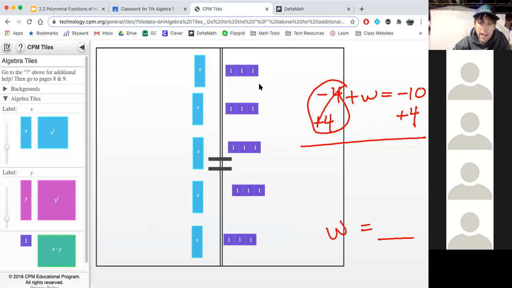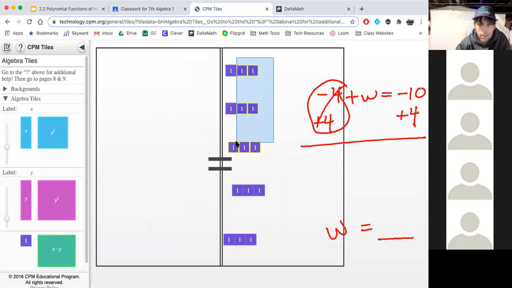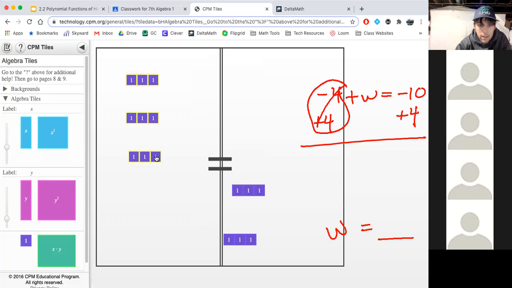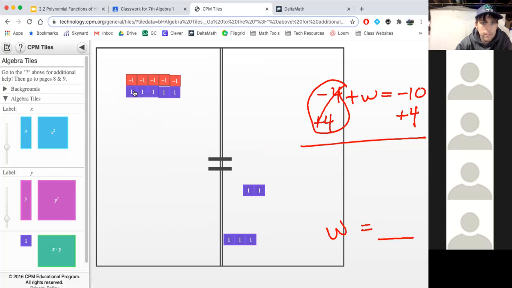I really like the algebra tiles for something like this, especially for the operations with positives and negatives. If I want to do that's -10. So this is -10 right here. I'm not worrying about this as an equation.